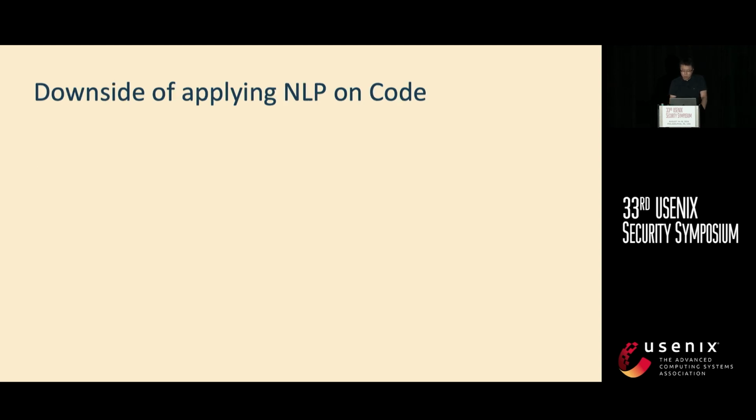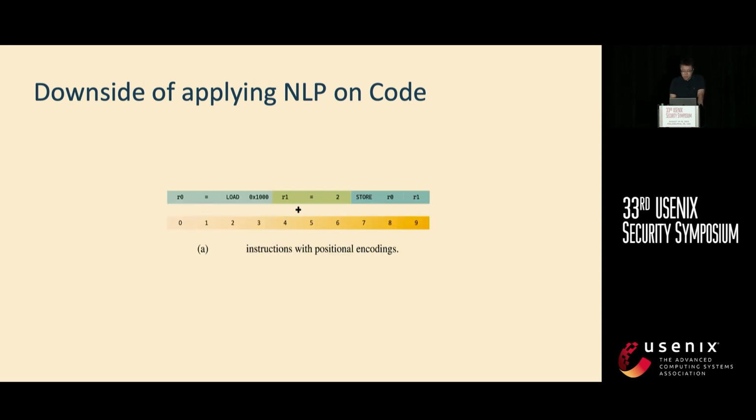Let's take one more step to see how these differences between natural language and binary code may impede the semantics learning of binary code with NLP-based methods. This figure shows a typical input representation of NLP-based methods. These methods consume a sequence of tokens. Abstractly, each token contains two aspects of information: its token content and its position in the sequence.